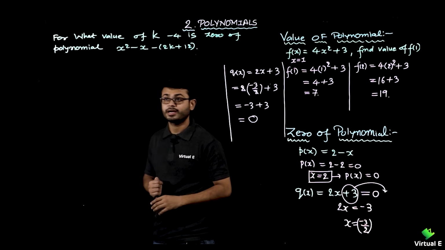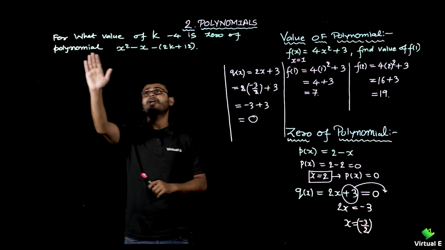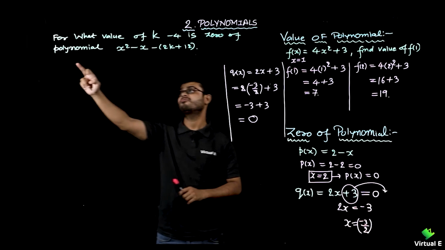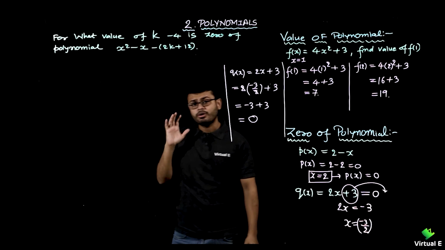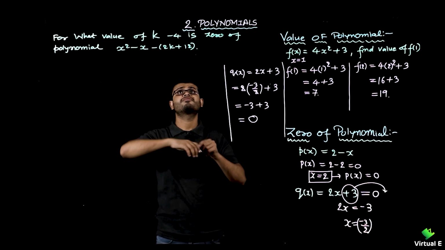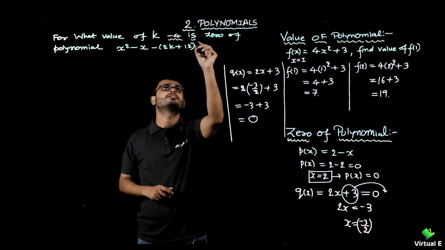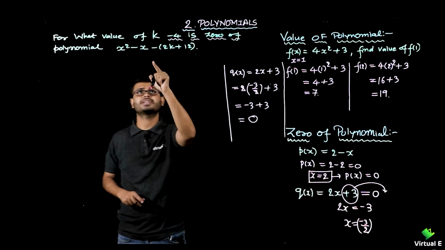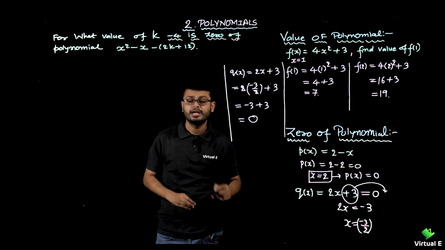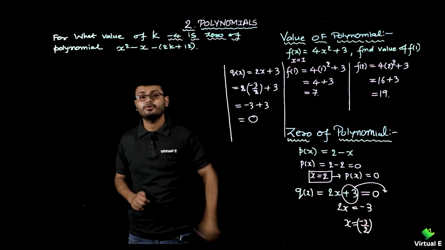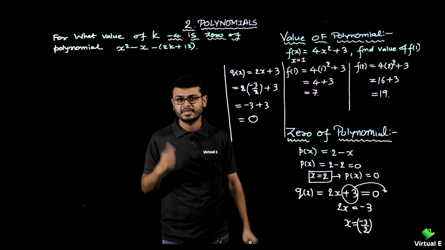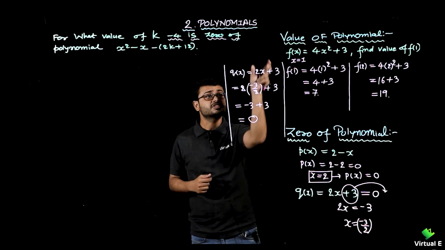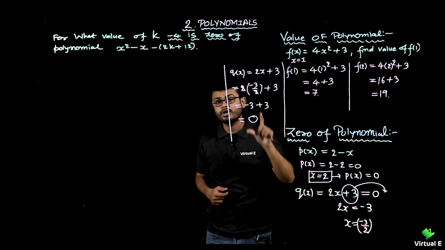Let's do one sum based on that. Let's read the question. For what value of k is -4 a zero of the polynomial? So it is already given in the question that -4 is a zero of this polynomial, which is x² - x - (2k + 12), and we need to find the value of k. Now how to approach this sum? Remember the first step: whenever we are substituting the zero, the final answer will be 0.